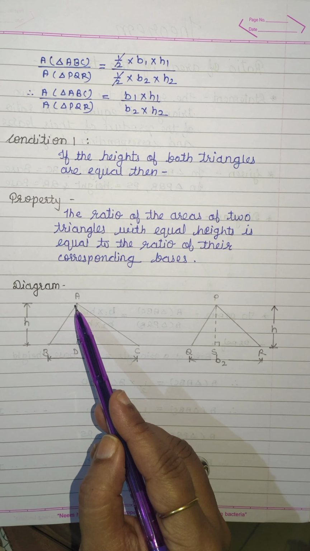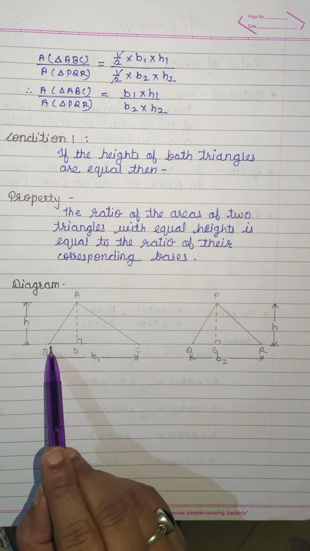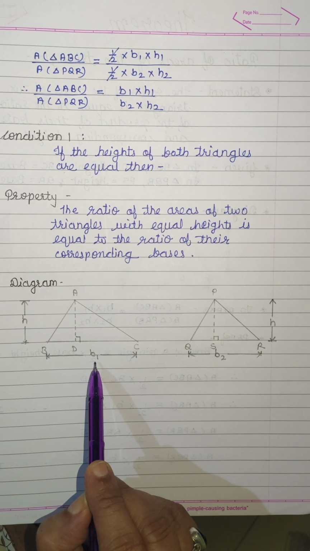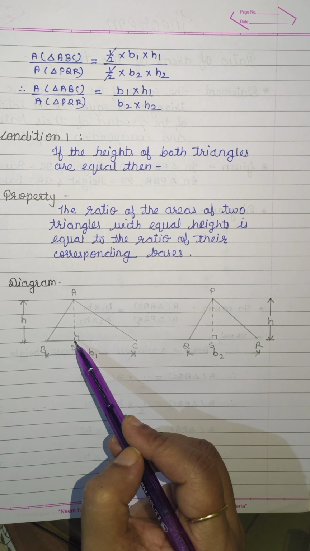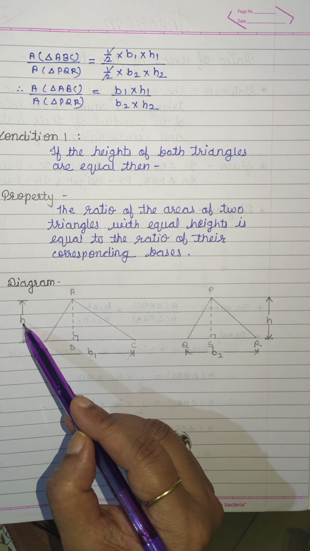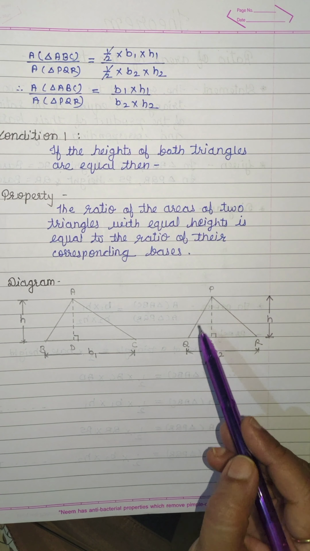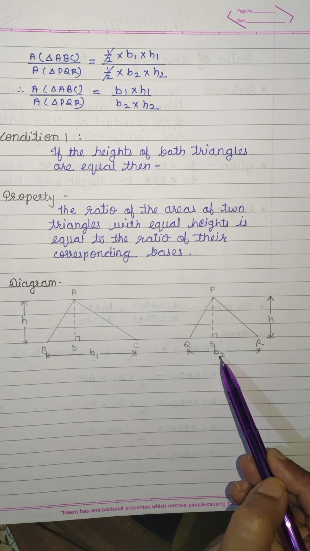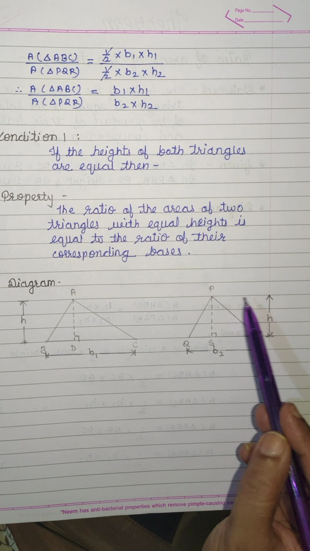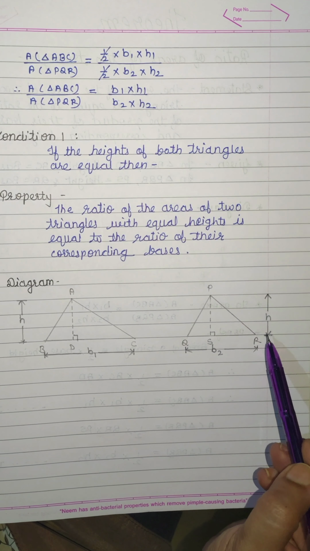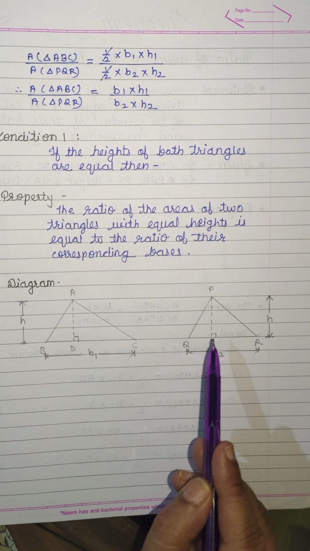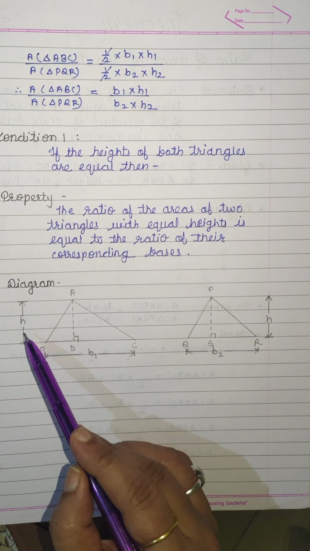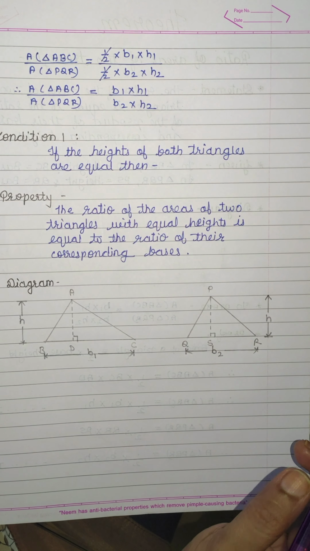Here, in triangle ABC, BC is the base which is indicated by letter B1, AD is the height which is indicated by letter H. In triangle PQR, base QR is indicated by letter B2 and the height PS is indicated by letter H. If you observe these two triangles ABC and PQR, their height is the same, that is H.